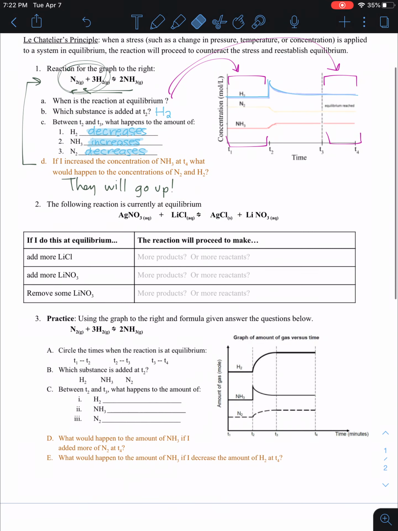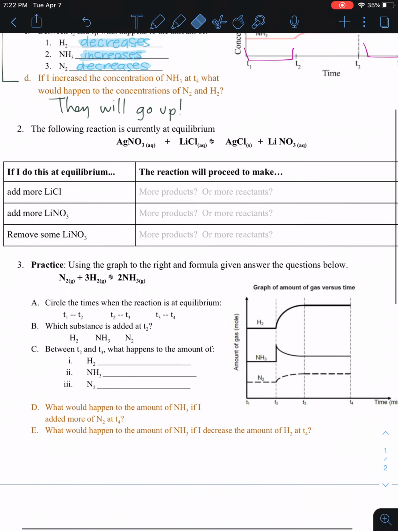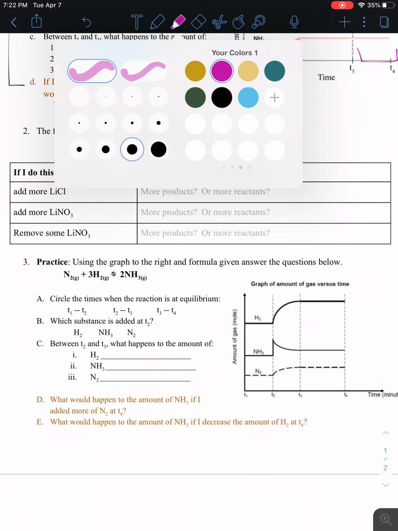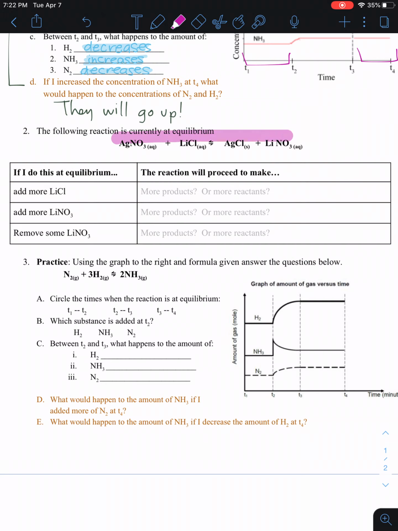All right, number 2, almost done. The following reaction is currently at equilibrium. That means it's already reacted, and now it's just going back and forth at its balanced rate. If I do this at equilibrium, the reaction will proceed to make what?